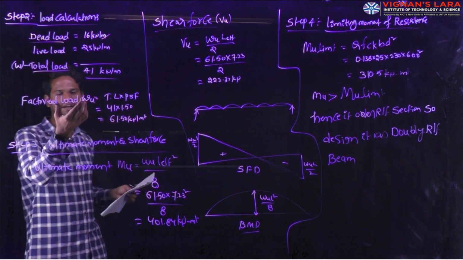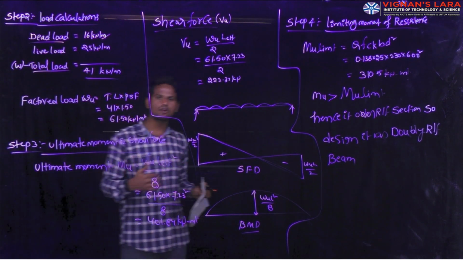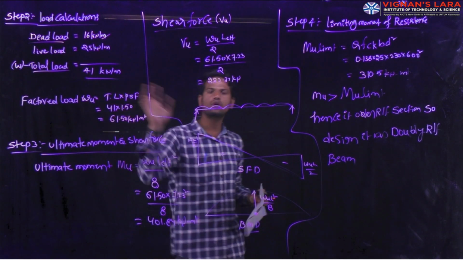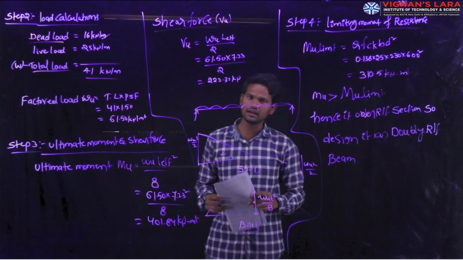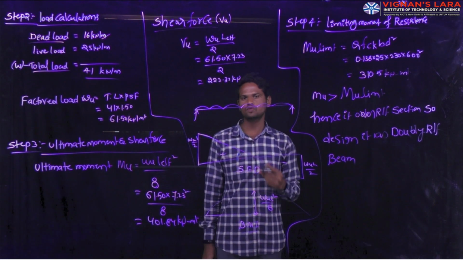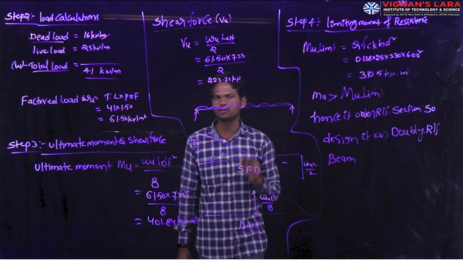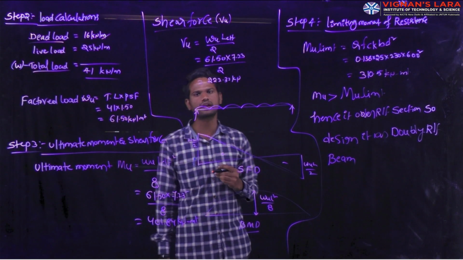You can write it as factored load or design ultimate load. That factored load is nothing but the total load acting on the beam multiplied by the partial safety factor. This partial safety factor we take from the IS 456:2000 code book. For different types of loading conditions we have different partial safety factor values.